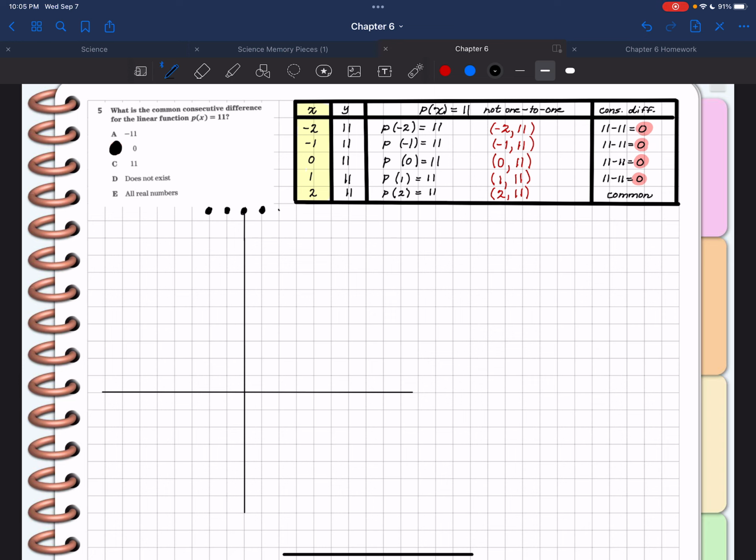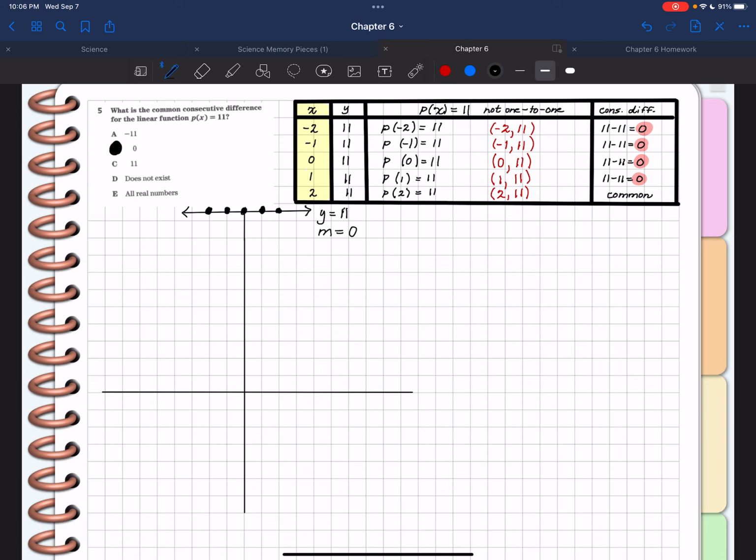And when x is 2, y is 11. So we do have a linear function. It's just horizontal. That is the graph of y equals 11. Its slope is 0.